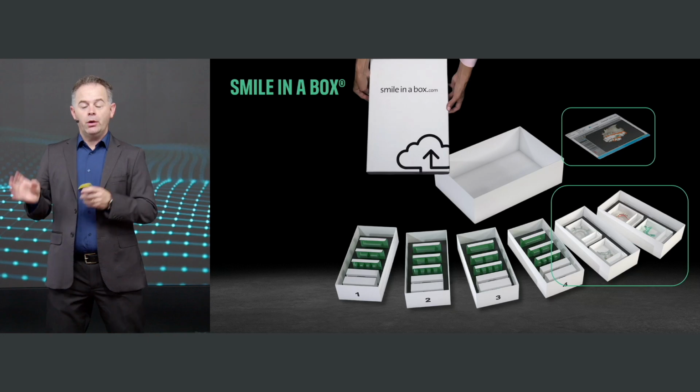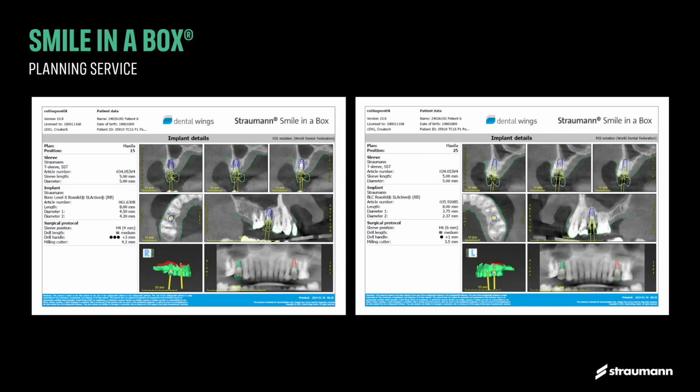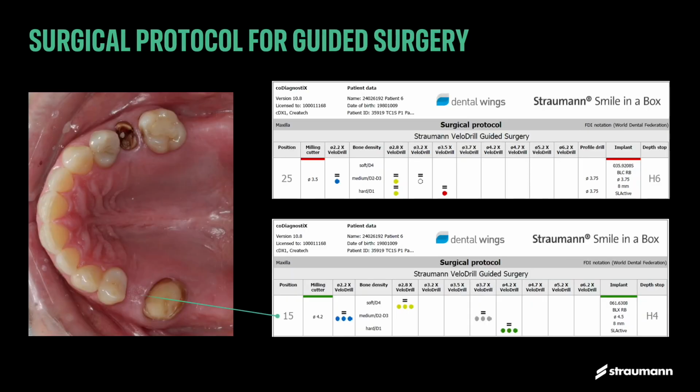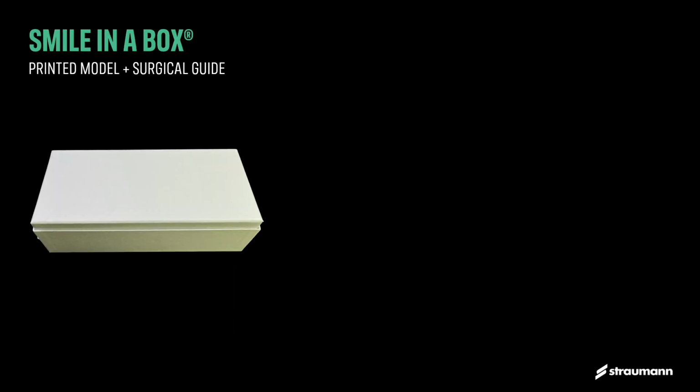We also ordered the models. And you will receive Co-Diagnostics exported planning, so you see all the anatomical details of this planning. And you will receive also the surgical protocol for the guided surgery, which is really important. You see that it's been defined, the surgical drilling protocol, precisely for tooth number 15 and the drilling protocol for tooth 25.